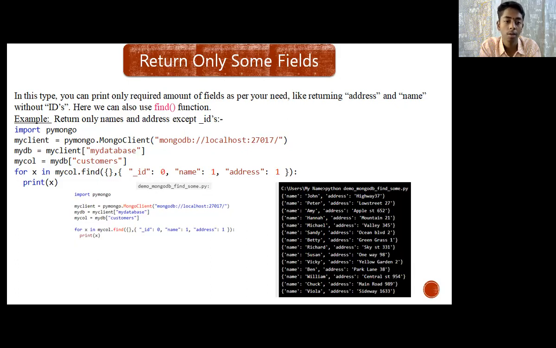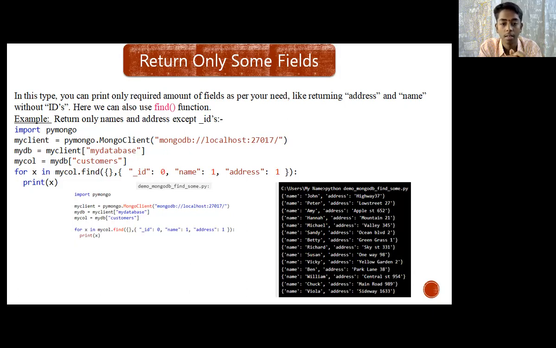For X in my collection dot find, open parenthesis, flower braces. In those flower braces, nothing is entered, so that it prints all the list, mentioning ID is 0, name is 1, address is 1.